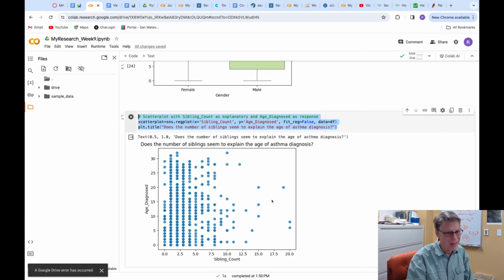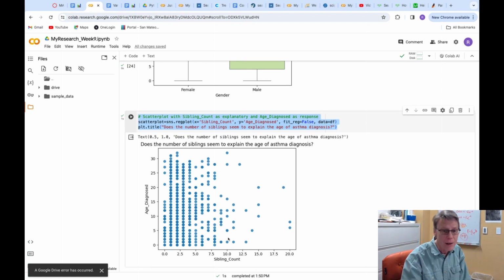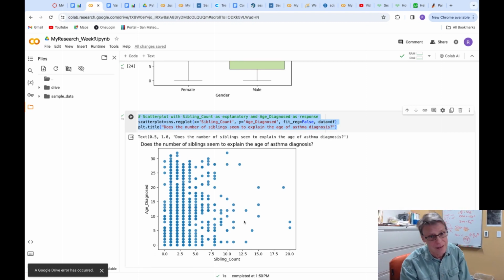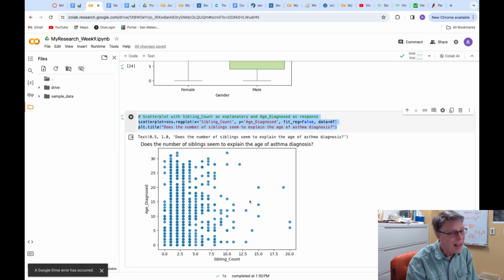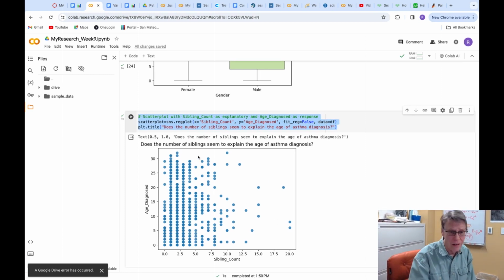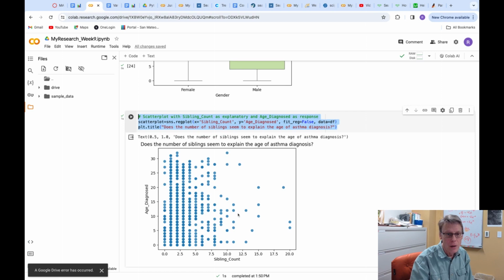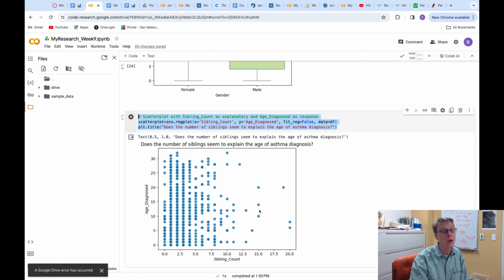But if I'm way over here on the right, I've got some stuff up here and some stuff down here. And if I'm over here on the left, I've got some dots up here and some dots down here. And if I'm in the middle, some dots up here and some down here. I don't see any pattern at all, linear or otherwise. I don't see a parabola or an exponential or a linear. I see a blob of dots. So you would say, nope, no association here.